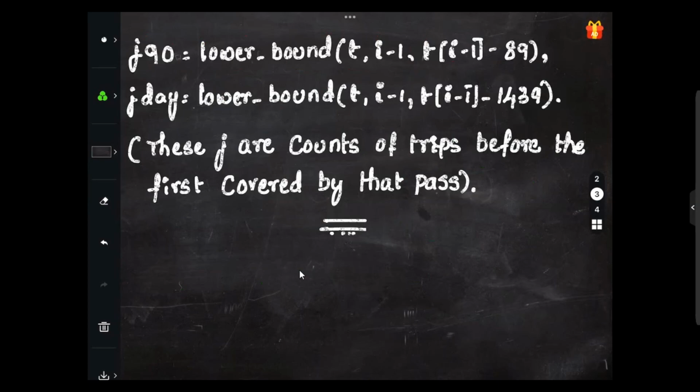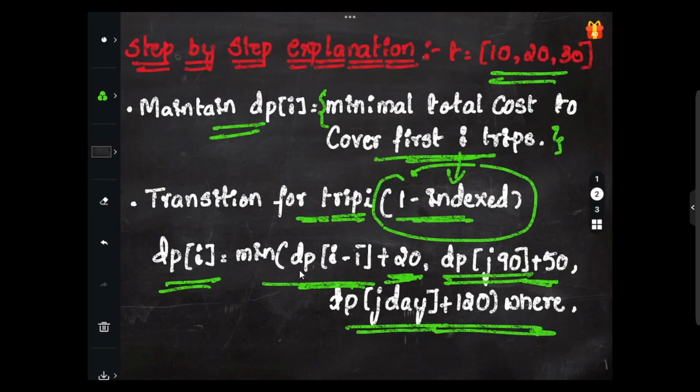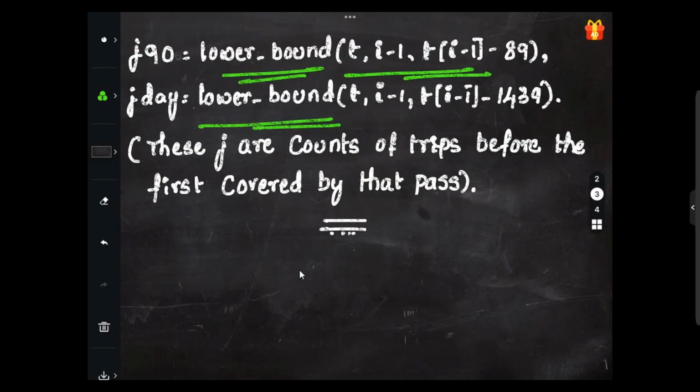Here j90 is nothing but the lower bound; you can see it here, and jd, I'm speaking of the last one, this part. These j are counts of trips before the first one covered by that pass.